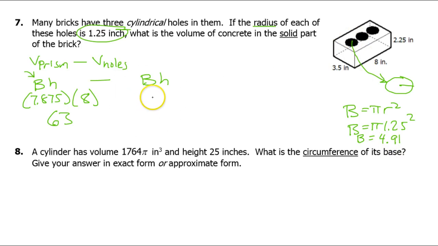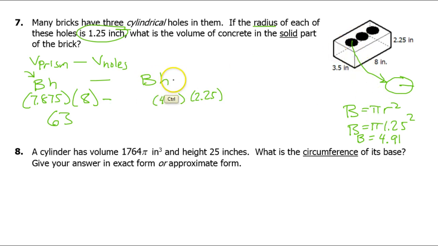So that is going to go right here, 4.91, the area of the base times the height. The height of the cylinder is the same as the height of this prism. It is 2.25 inches, so 2.25. Now, let's pause and be careful for a minute. So far, I've just been dealing with one cylinder.